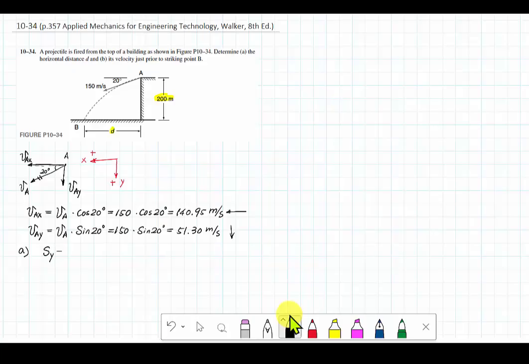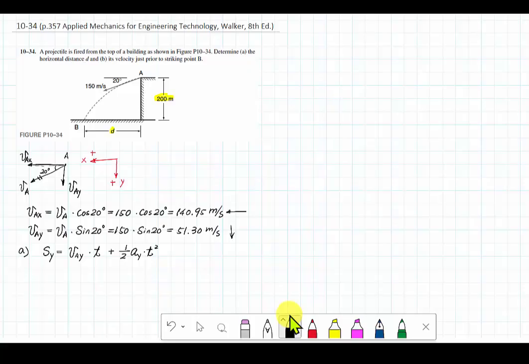The standard equation for this uses the initial velocity in the y direction, VAY, times the time, plus half A, the acceleration in the y direction, times time squared.